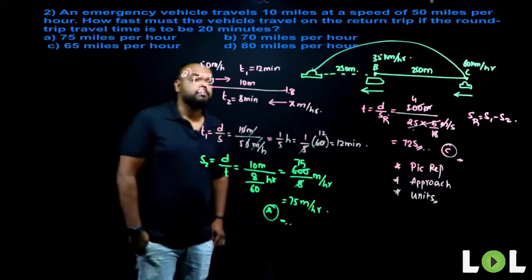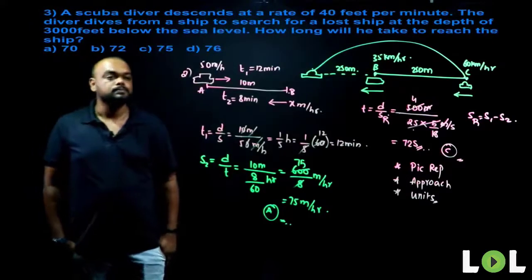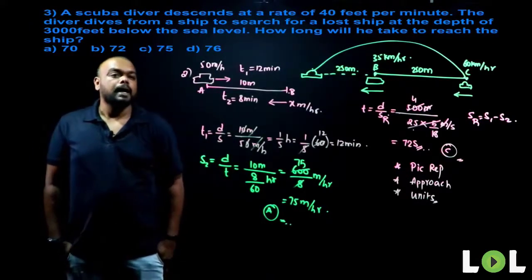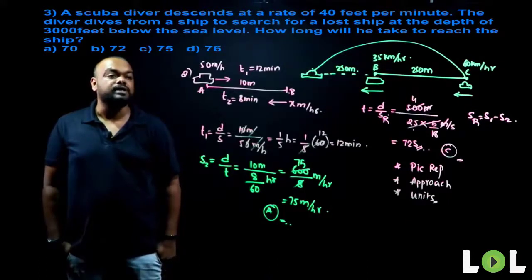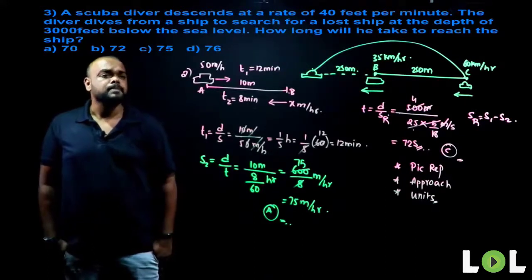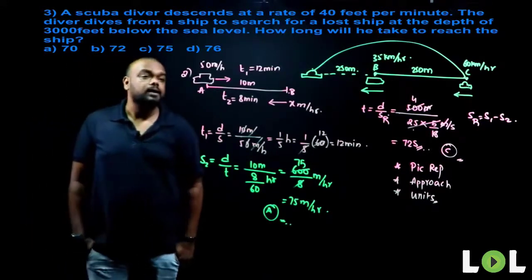Question number 3. What do we have? A scuba diver descends at a rate of 40 feet per minute. The diver dives from a ship to search for a lost ship at a depth of 300 feet below the sea level. How long will he take to reach the ship?